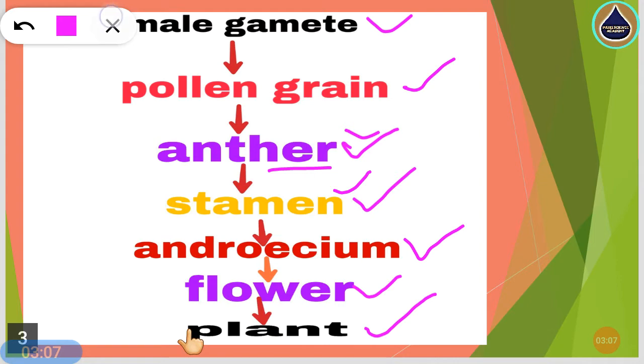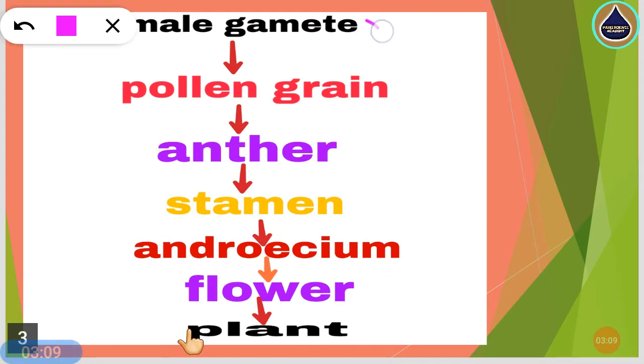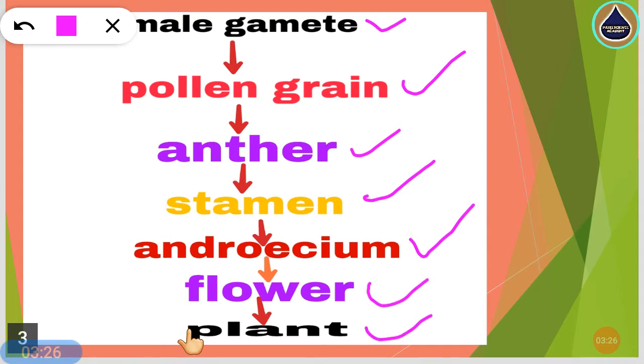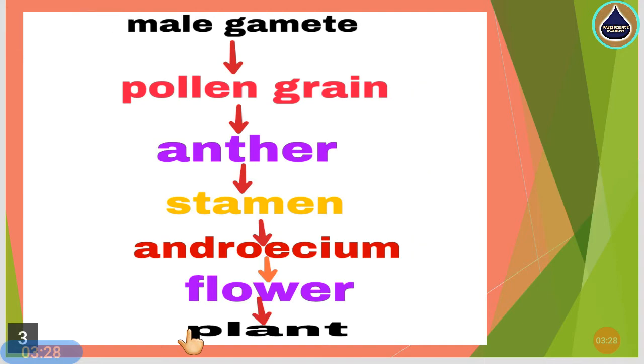So this male gamete is formed in the pollen grain, which is present in the anther, which is part of the stamen, the single unit of the androecium. The androecium is the male part of the flower, and the flower is part of the plant. So you can first understand about the male gametes. I hope you have understood it.